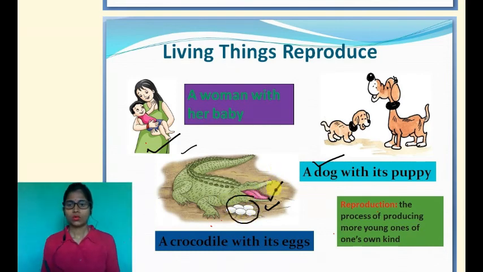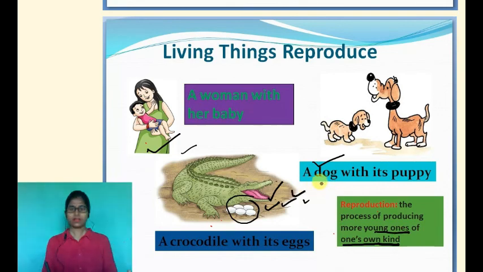So living organisms produce more organisms like themselves. This is known as reproduction. Reproduction is the process of producing more young ones of one's own kind.